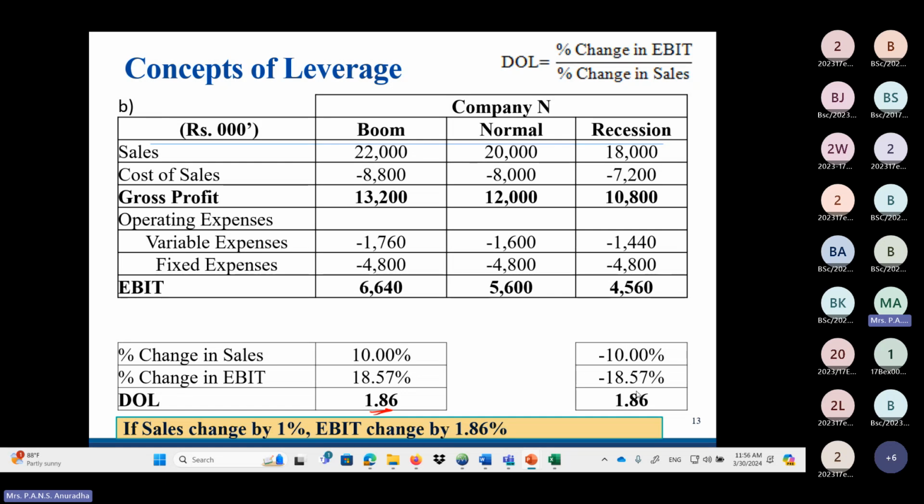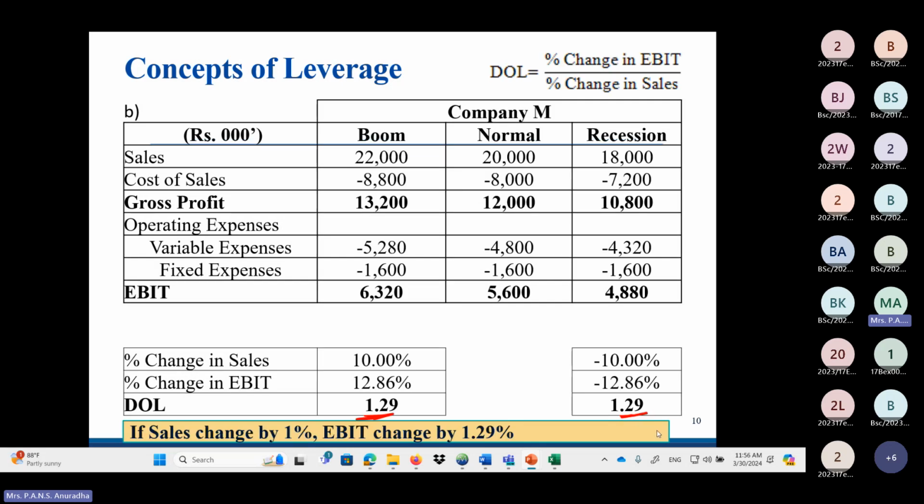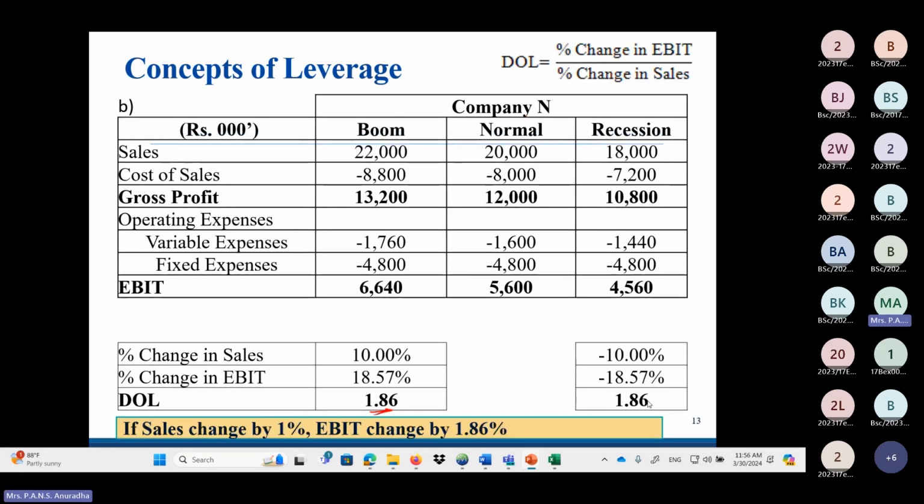This is the business risk. If the economy goes worst, if sales decrease by 1%, profit is decreasing more than this company. මෙයාගේ 1.29 වලින් අඩු වෙනකොට for the company it's decreasing by 1.86. So that is the business risk.